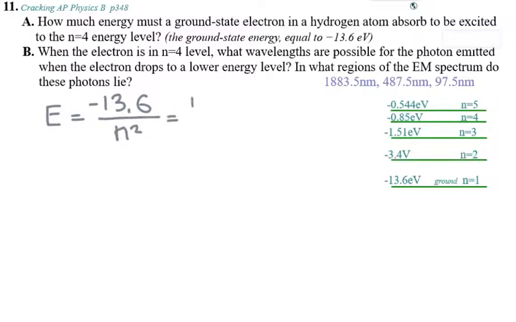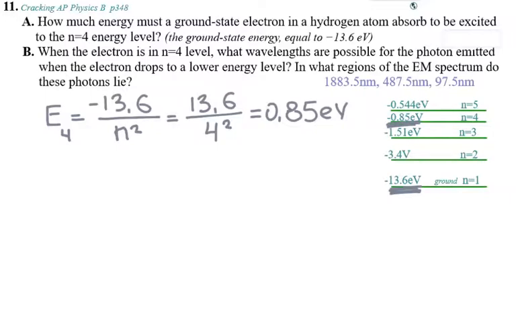So I have 13.6 divided by n squared, which is 4 squared. That will give me the energy on the 4th level, 0.85 electron volts. If the ground level is 13.6 and the 4th level is 0.85, how much energy must the ground state electron of hydrogen absorb?